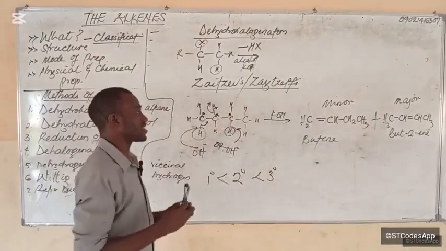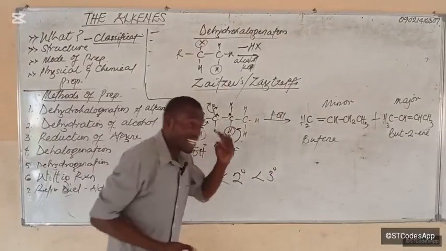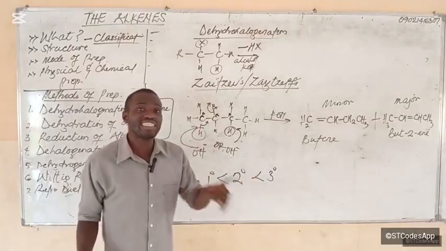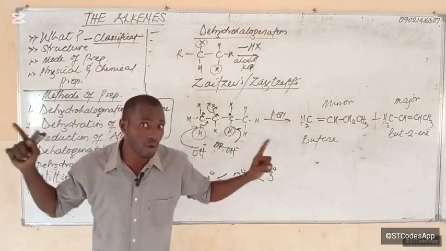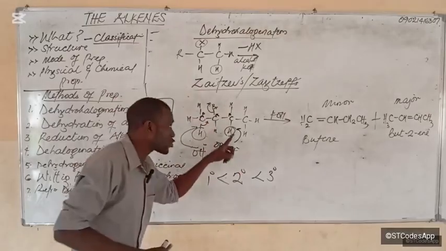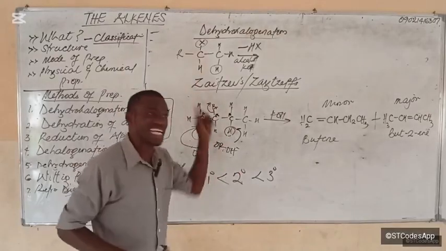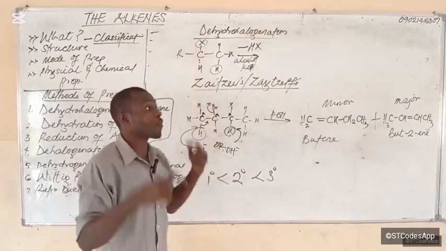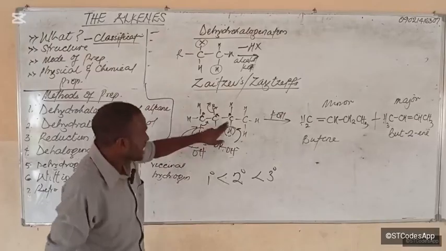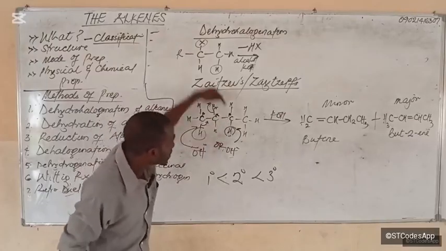Another way to explain it is this: the hydrogen of the carbon that is attached to more carbon is the one that will be removed. I'm going to explain that again. The hydrogen that belongs to the carbon that is attached to more carbon is the one that will be removed. So for example, this hydrogen is removed, and not this one.